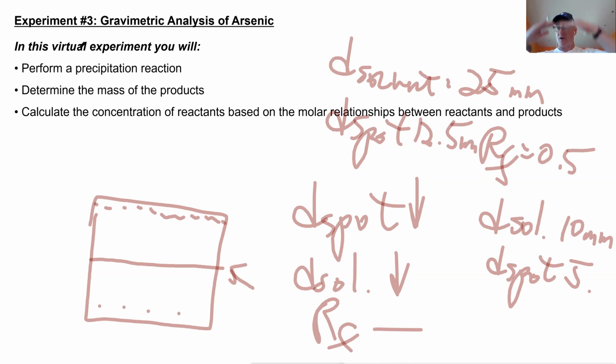No matter how long I let that solvent go, unless I let it run off the top, my D spot will be exactly half of that. So the RF is constant. It won't change. And so if I don't let it run as far as usual, it shouldn't affect my result. My RF, my retention factors, should theoretically be the same.